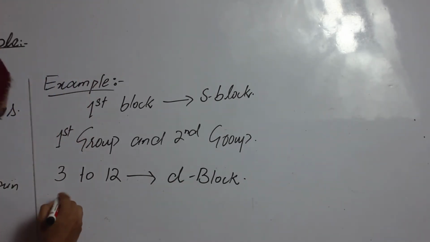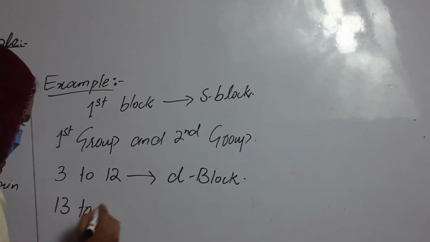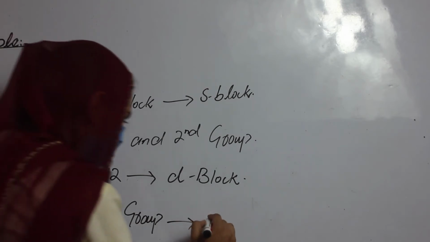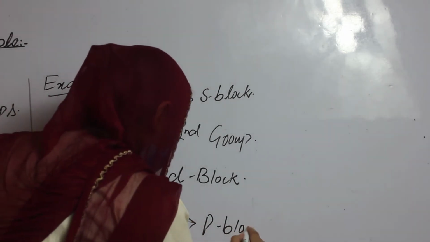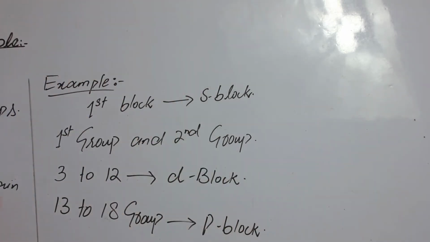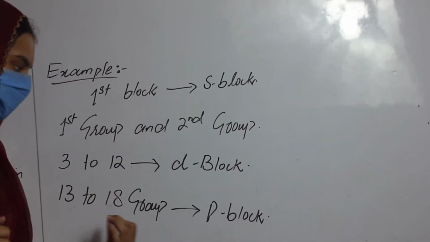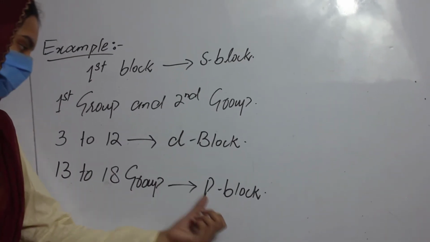Next one is group number 13 to group number 18. They are called the P block. The reason is that the valence shell of groups 13 to 18 is the P subshell. That's why they are present in the P block.